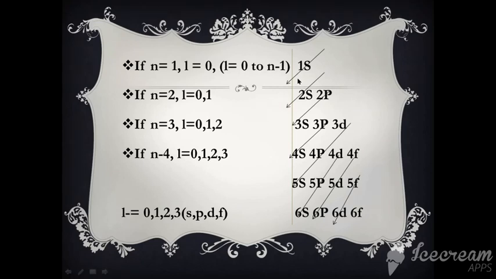Now you have to fill the electrons from the lower energy orbital to the higher energy orbital based on the AUFBAU principle.